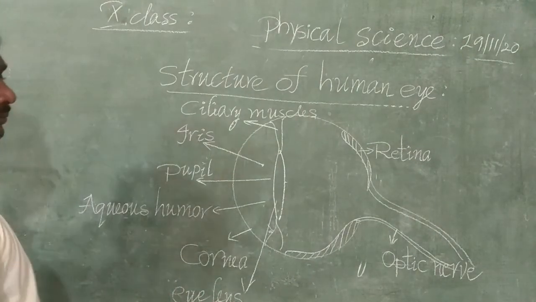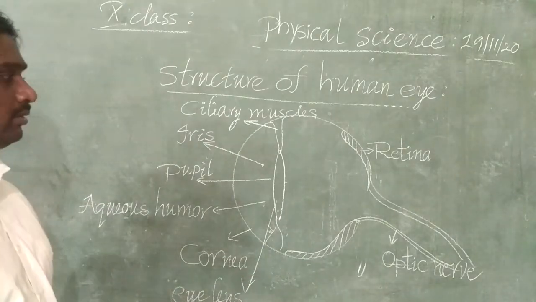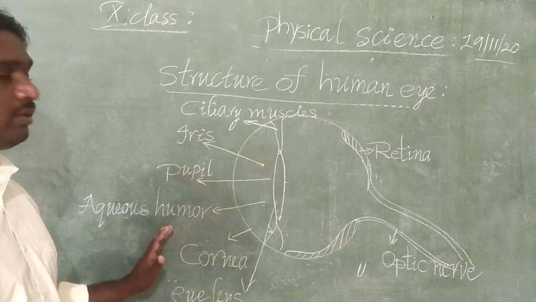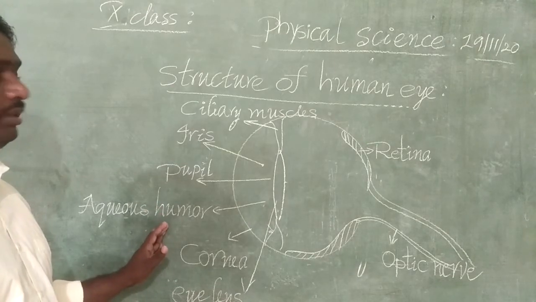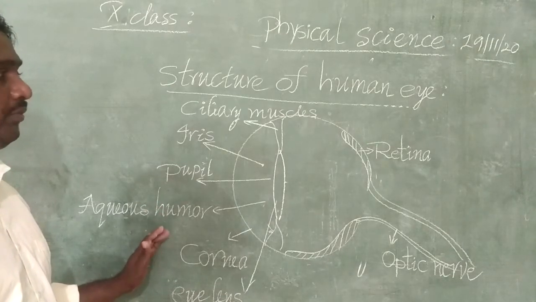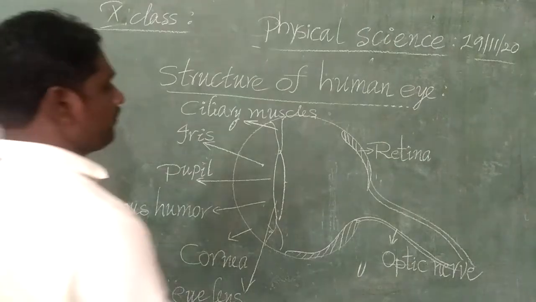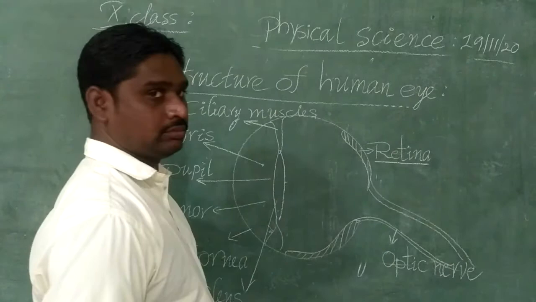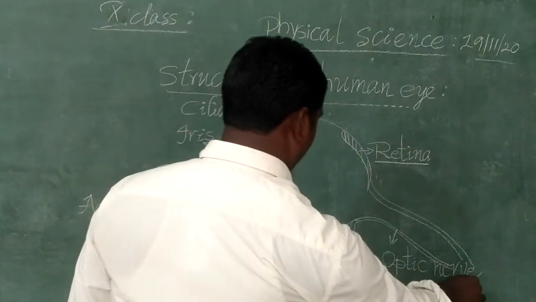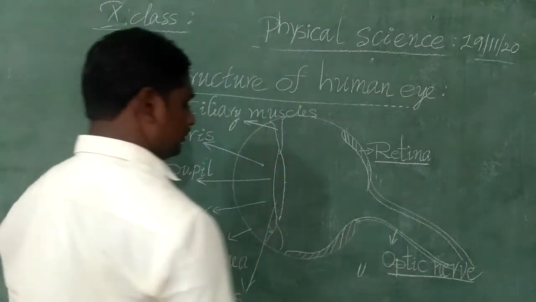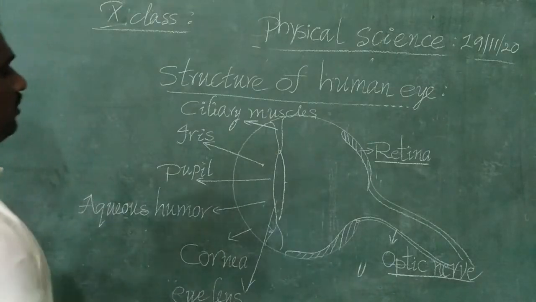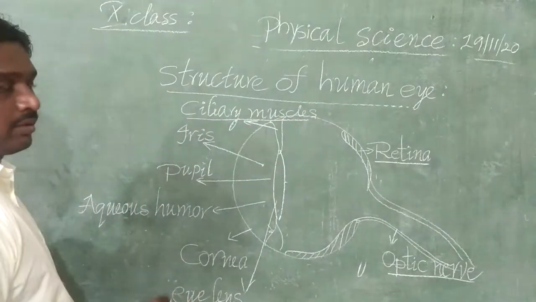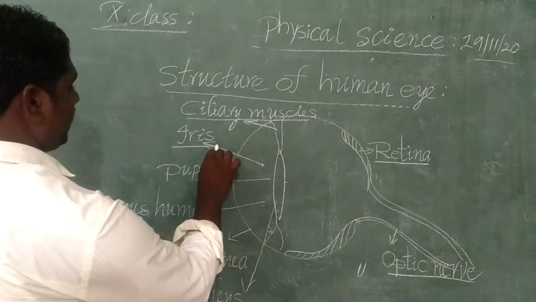Okay, students, look at the various components in the structure of the human eye. First one is the retina. Second one is the optic nerves. Next is the ciliary muscles. Next is the iris.